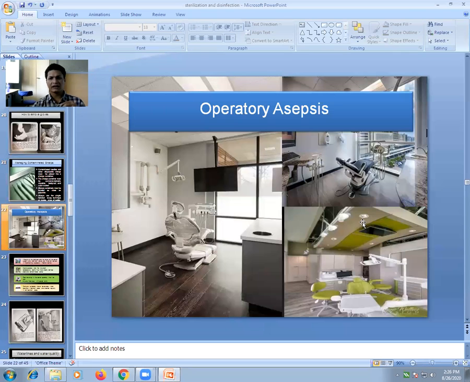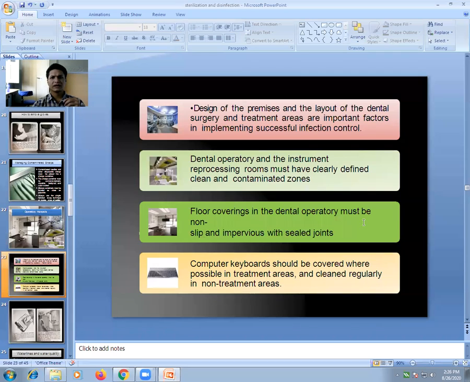Now operatory asepsis. All these things were about personal protection. Now we'll discuss operatory asepsis. Design of the premises and the layout of the dental surgery and treatment areas are important factors in implementing successful infection control.